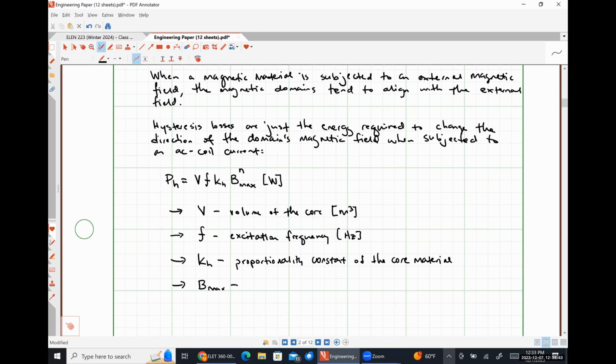B max is the maximum magnetic flux density seen by the core, measured in Tesla.